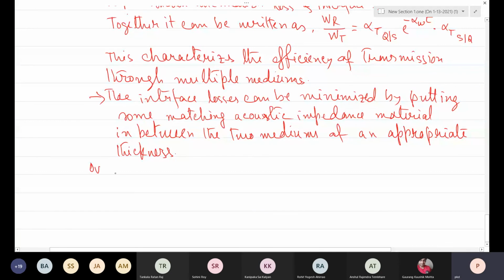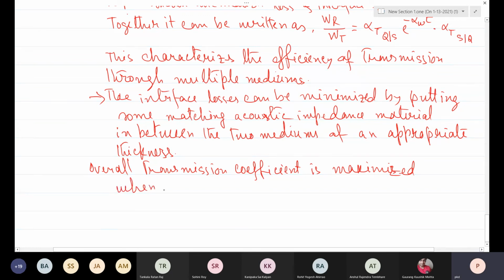So overall, the transmission coefficient is maximized when the intermediate acoustic impedance R is equal to square root of R1 R2.